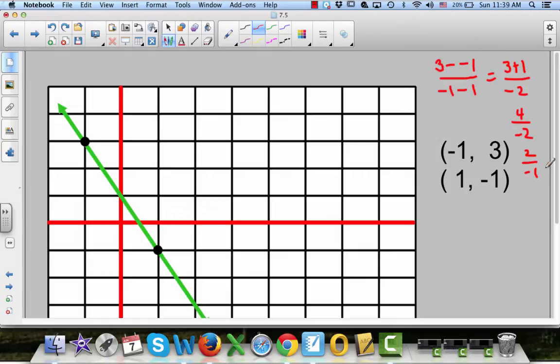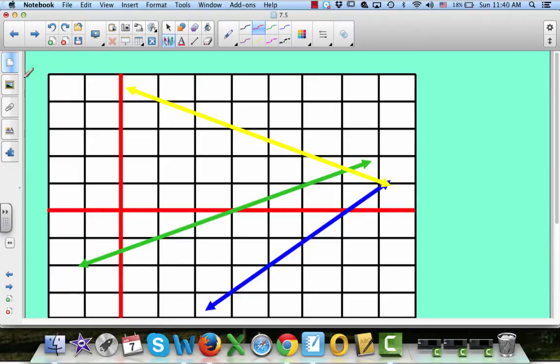So our slope is really negative 2, and you just got to know that it's 2 over negative 1. So let's check. We start here, and we go up 1, 2, 3, 4. And then we go left 1, 2. See, so that was 4 over negative 2, which is what we had right there. So we confirmed our answer.